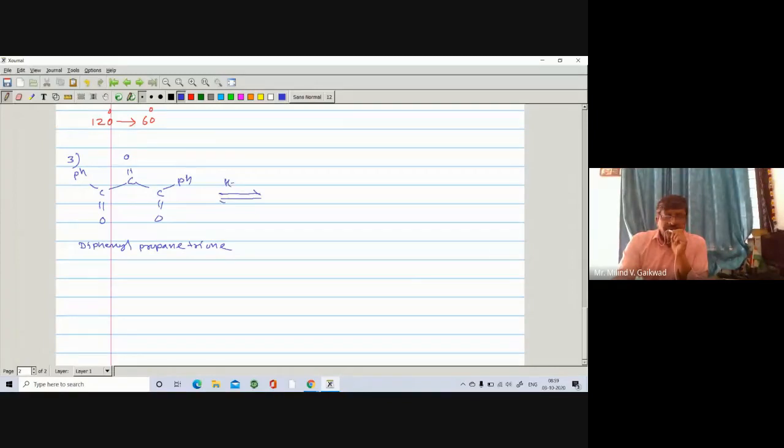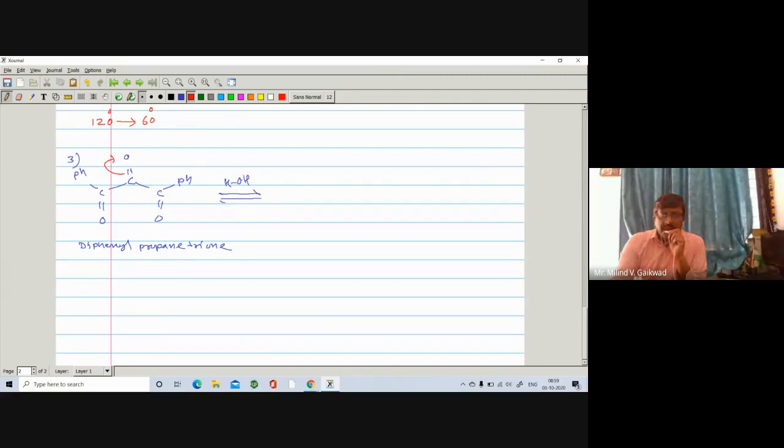So diphenyl propane trione can also undergo hydration very easily, right? We have seen that the diol compounds are unstable, and when they undergo dehydration, they again give the corresponding compound. So in this case, what happened here? There is a carbon, right? This pi bond opens on the oxygen, O negative, C positive.